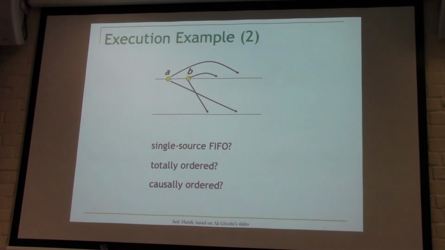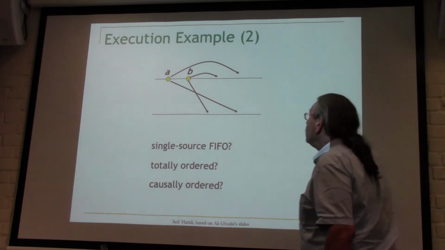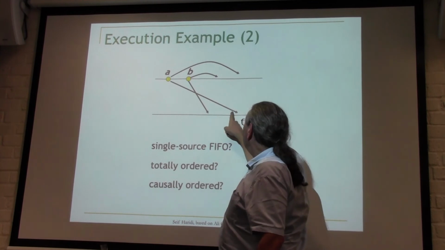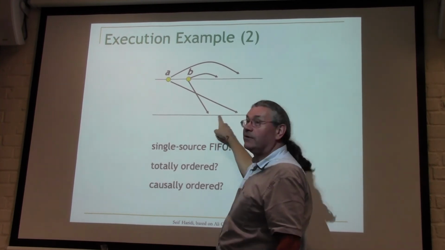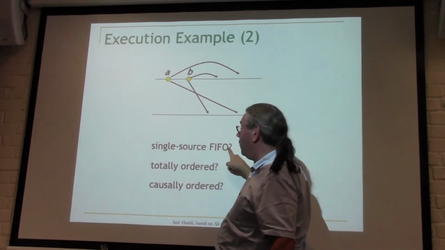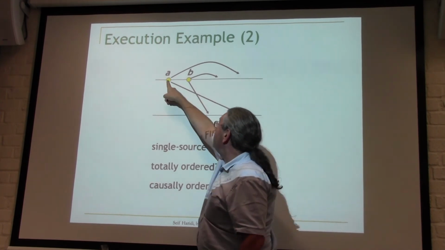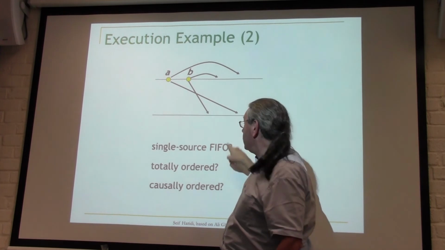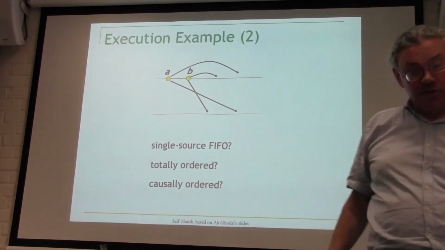What is single source FIFO? First in, first out. So A before B, but what order are they delivered here? Is it FIFO? No. So it's not single source FIFO.